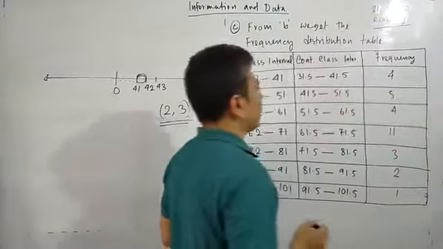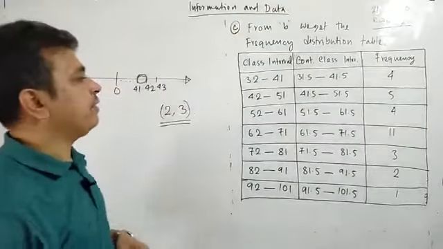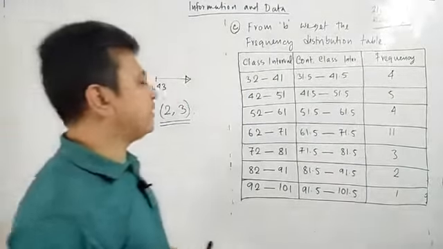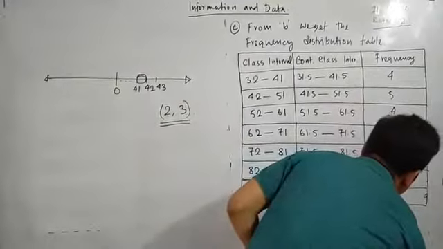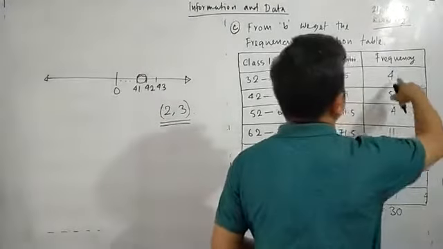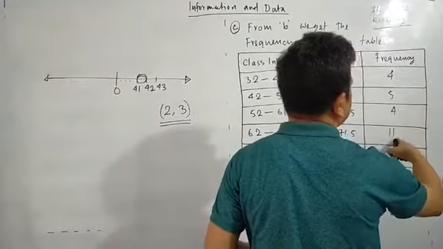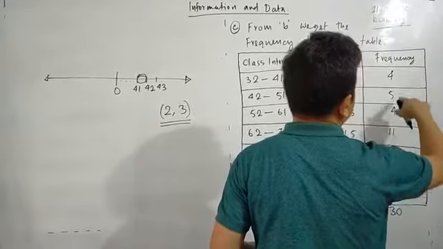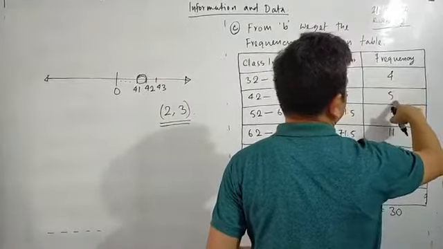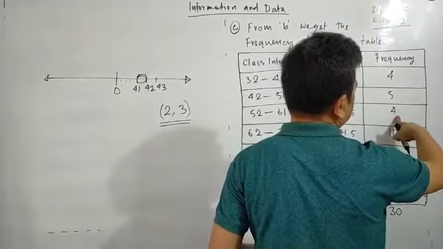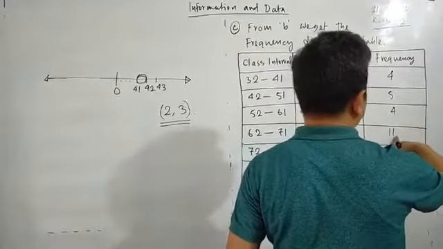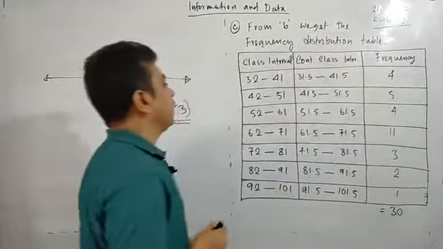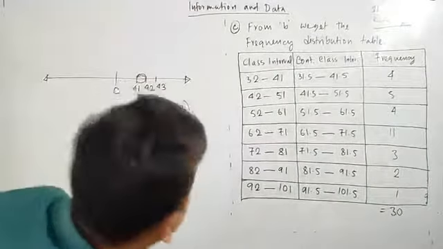Okay, 4 5 4 and 11. Here is 30, right? So 4 5 9 9 13 13 22. No, 4 5 9 9 4 13 13 24 24 6 13. It's okay, fine. Okay, we got it.